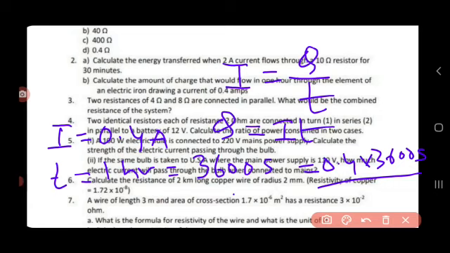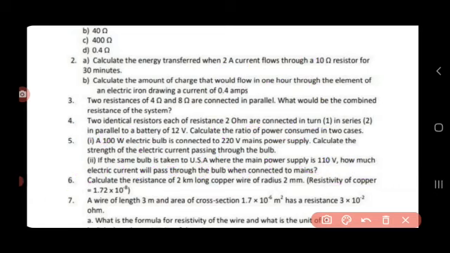That is a formula for finding the equivalent resistance in parallel. And here the two resistances are given, 4 ohm and 8 ohm. So 1 by 4 plus 1 by 8. Taking LCM, it is 8. 2 plus 1, 3 by 8. So equivalent resistance Rp would be equal to 8 by 3 ohm.